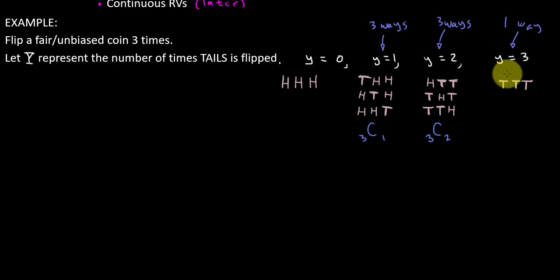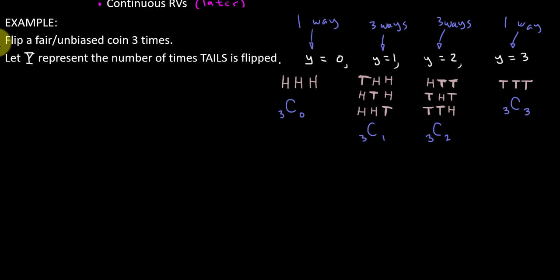And there's only one way for 3 tails out of a group of 3. Similarly over here, 3, choose 0. So hopefully that kind of connects the concept of combinations, which was from chapter 1, into some of this business here. I think it's kind of fun.